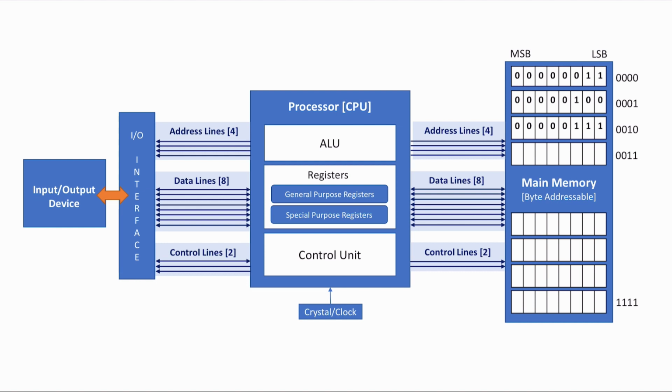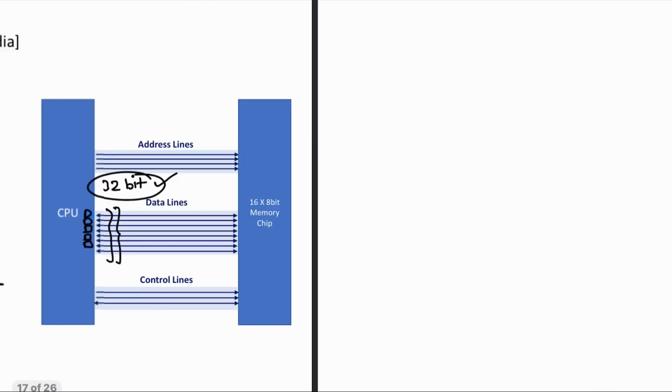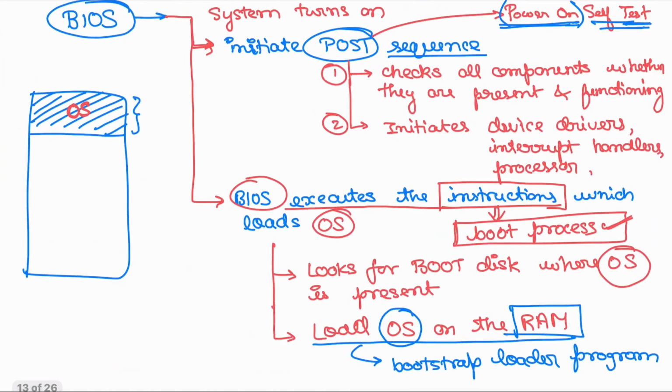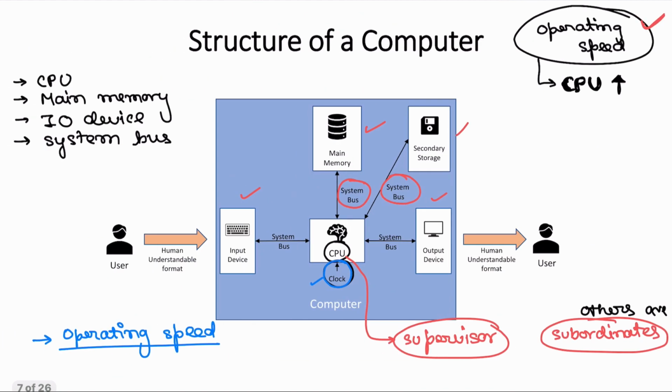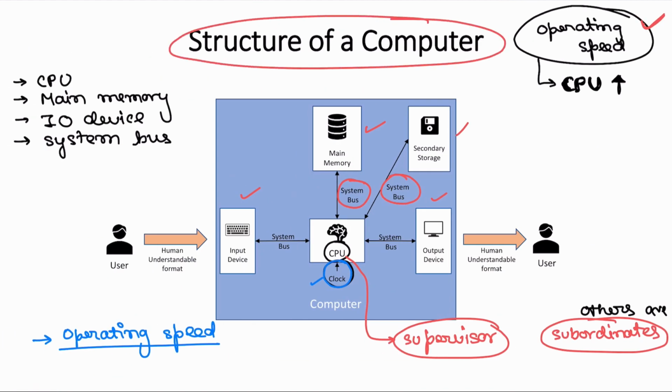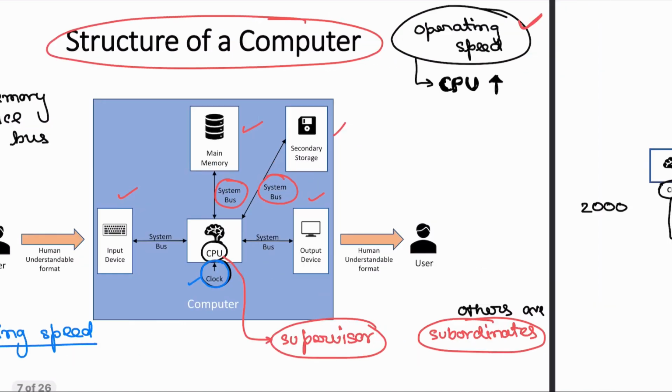So previously we saw a logical structure of the entire computer, right? I shared this structure of the computer here. This particular image is a logical structure of the entire computer.